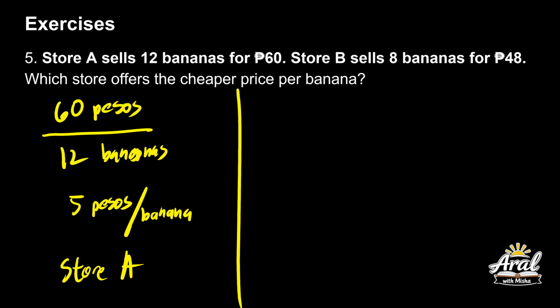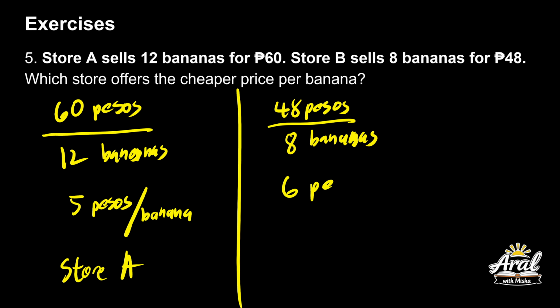So, Store B na naman, yung Store B is 48 pesos, pero 8 bananas yung makukuha mo. So, 48 divided by 8, that's 6 pesos per banana.